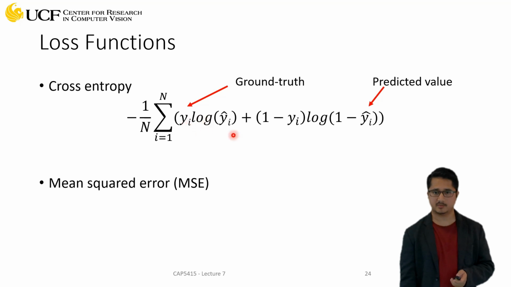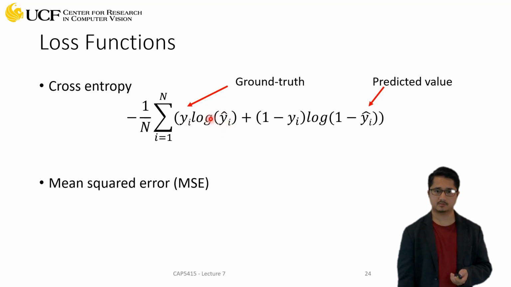Now, what is happening here is, let's focus on this first term first. Okay, so this is the predicted value, and this is the ground truth value. Let's consider a case where your object was present, right? And your network also said it is present. So in this case, this is going to be 1, and this is going to be 1, right?